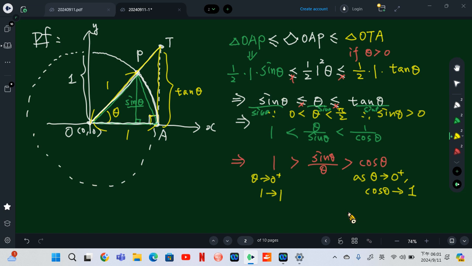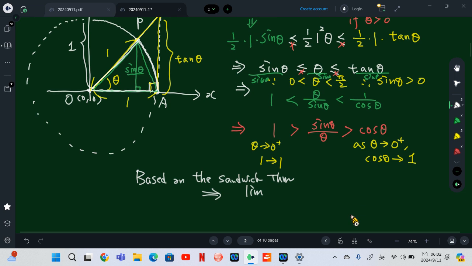So based on the sandwich theorem, we can get the limit of sine theta over theta, when theta is approaching 0 plus, is 1.